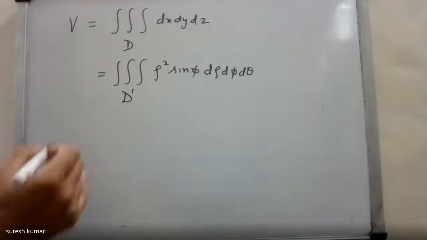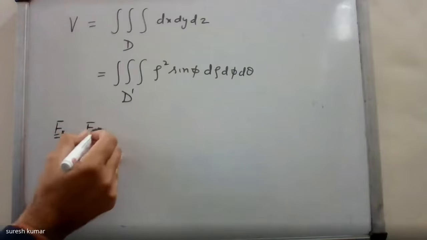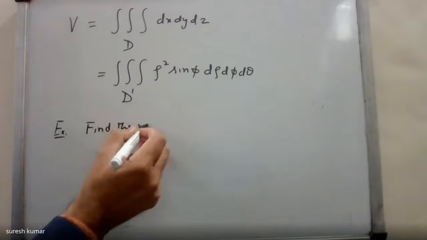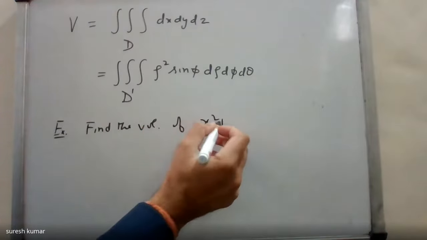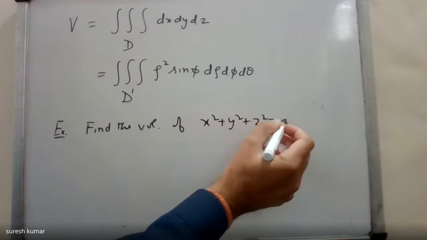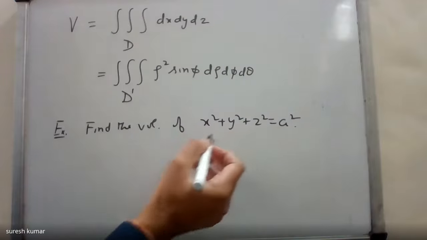Now, if I ask you to find the volume of the sphere x square plus y square plus z square equal to a square using triple integral, the answer you already know.